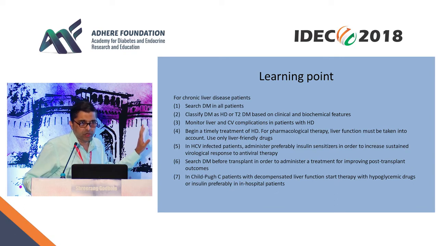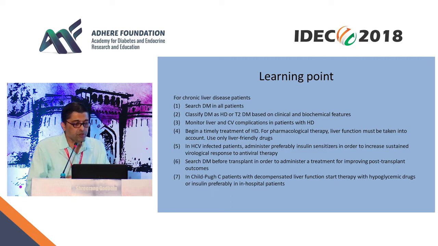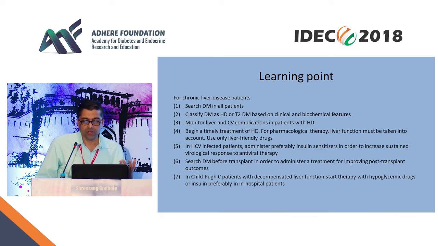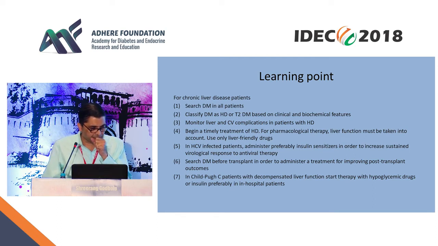In patients who are infected with hepatitis C virus, you preferably administer insulin sensitizers in order to increase the virological response to antiviral therapy. Before transplant, you again search for diabetes to administer a treatment that can improve the post-transplant outcomes. And those with decompensated liver function, you start therapy with anti-diabetic drugs or insulin, preferably in in-hospital patients.